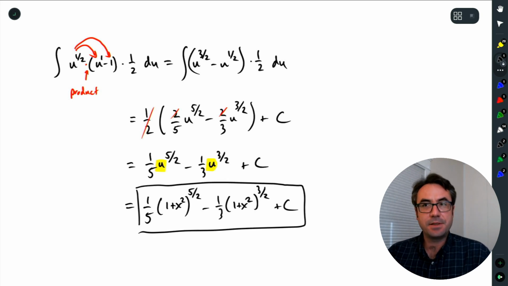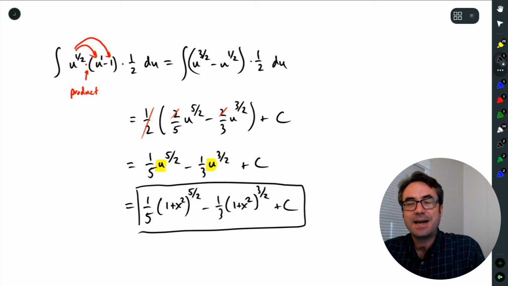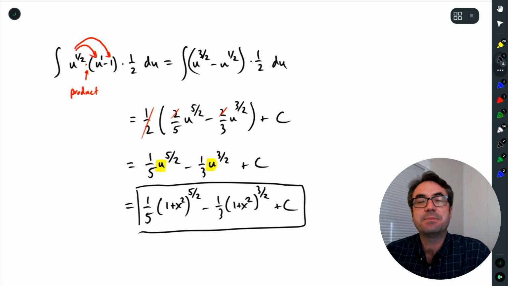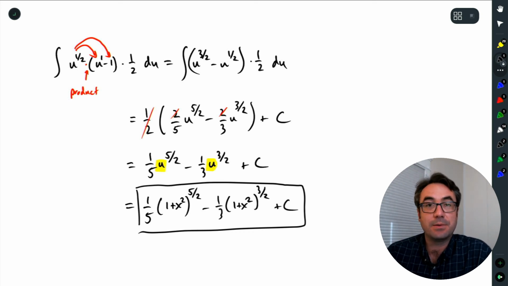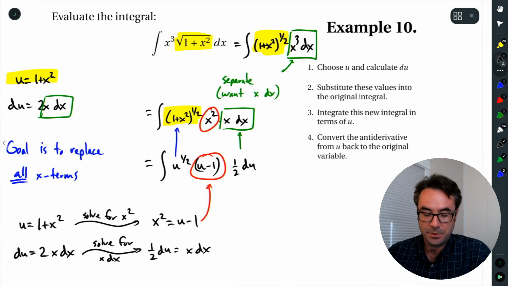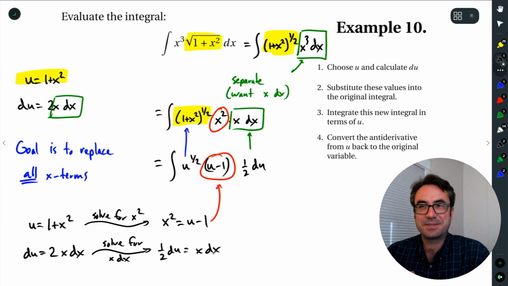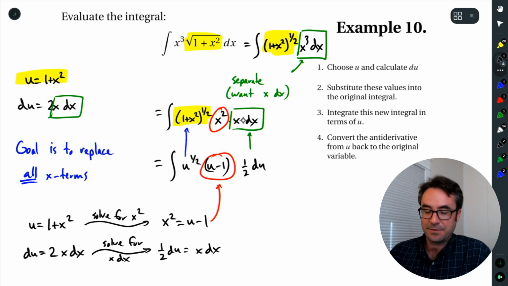So that one definitely kind of showcases how involved sometimes these substitution rule problems can be. This is where almost everything, it's not the worst case scenario, but it's in that realm where things didn't match up too nicely. So we had to do some work to get our differential to match. Then we had some x terms left over, and our goal is we had to get rid of it. So we actually had to work with this other equation to figure out what x squared was.